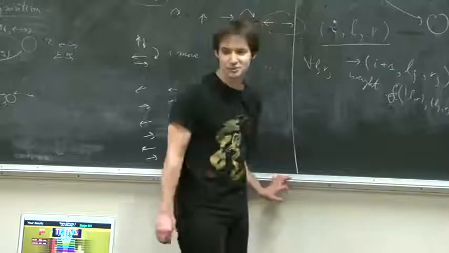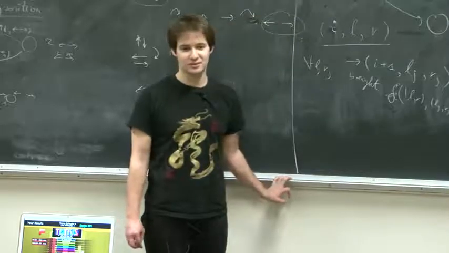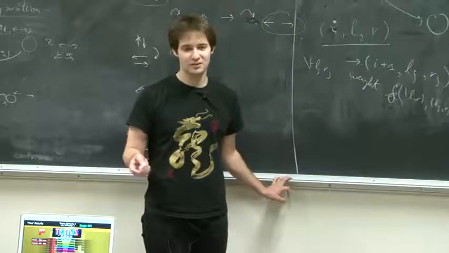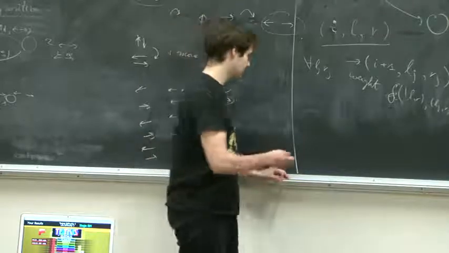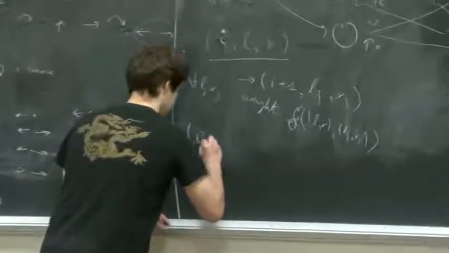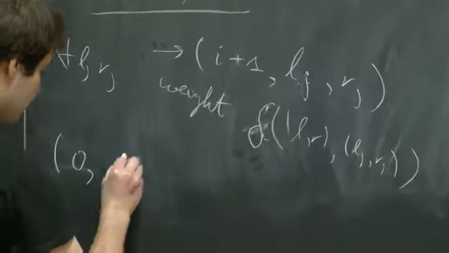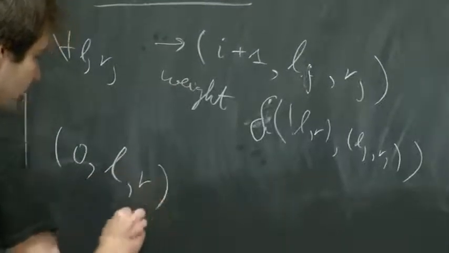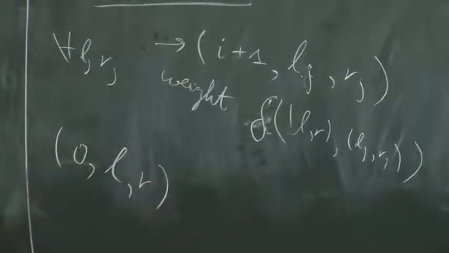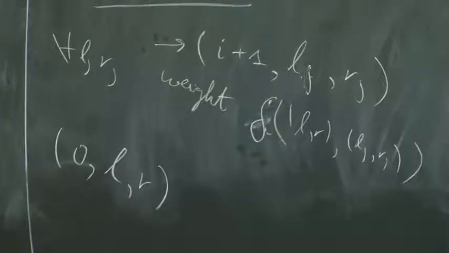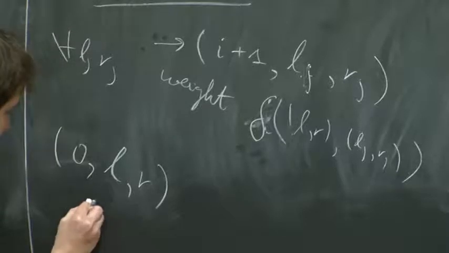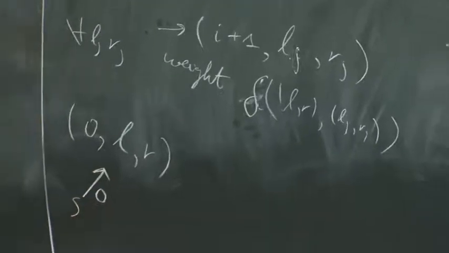Yeah, so what I'm going to do is I'm going to say there is a node 0 that lets me choose how I'm going to start. Yep. So I'm going to have a node 0 with all possible foot positions. And then this is going to be connected to a source by edges of weight 0.